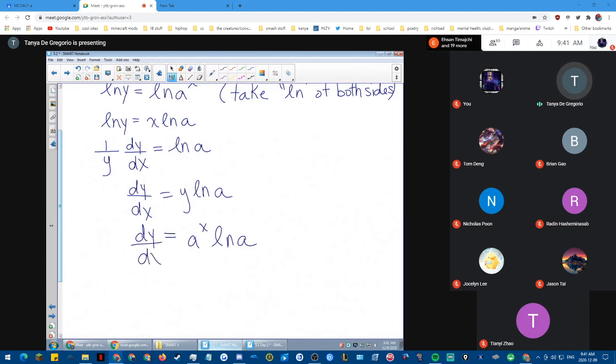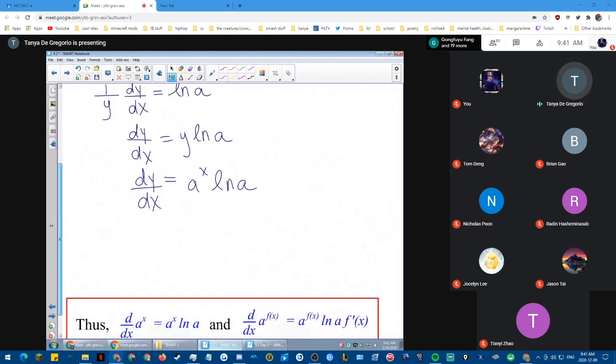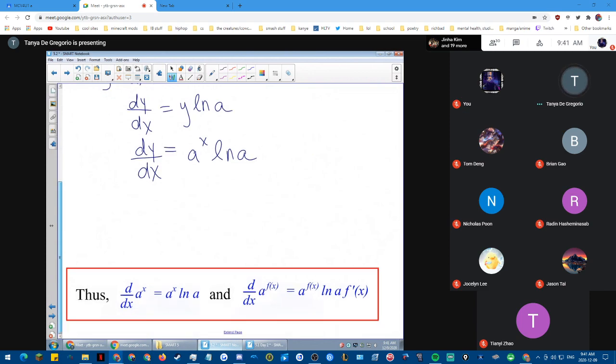Again, you do not need to know how to derive these. I'm just showing. And so the derivative of any exponential function where the base is not e is itself, a to the x, times the ln of the base.